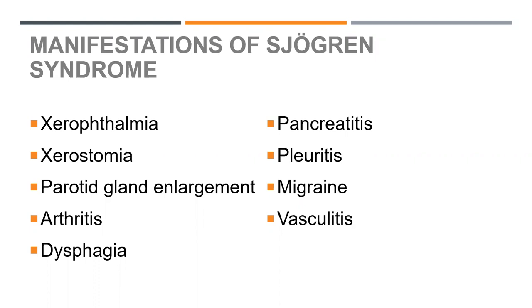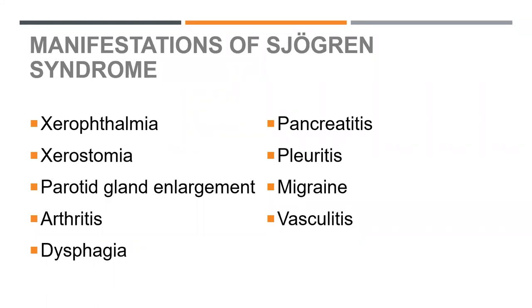Dryness of all mucous membranes, the nose, the skin, the mouth, the vagina can also occur. May see a rash, dysphagia, Raynaud's, as we've talked about previously, arthralgias, and myalgias.